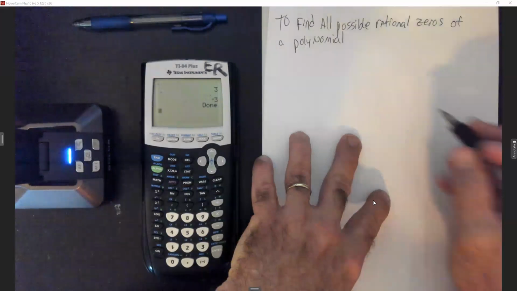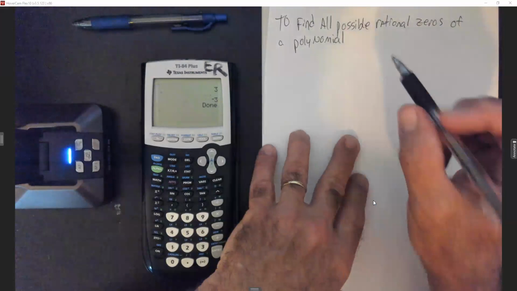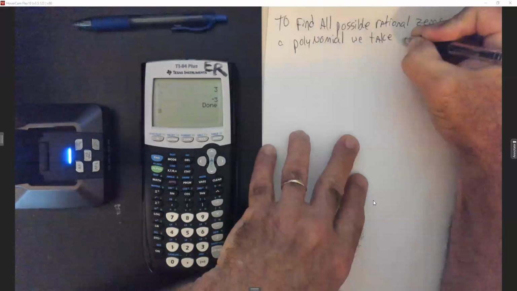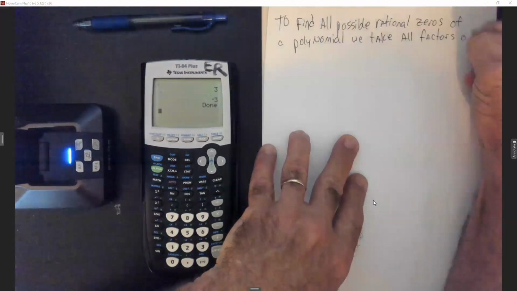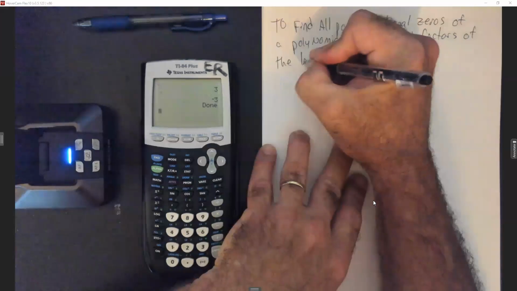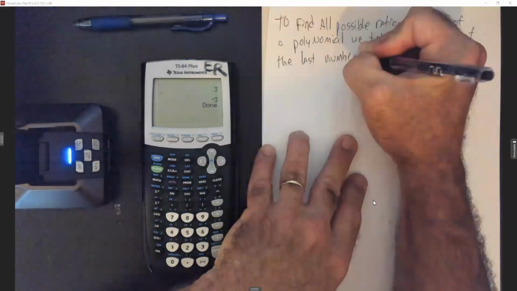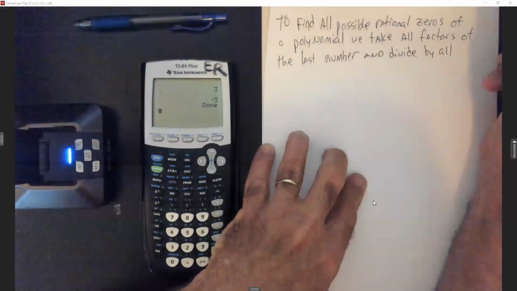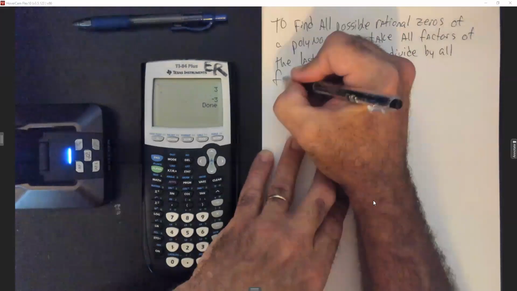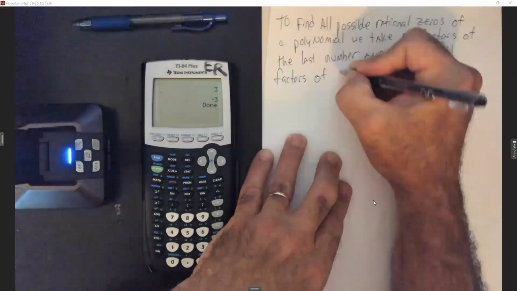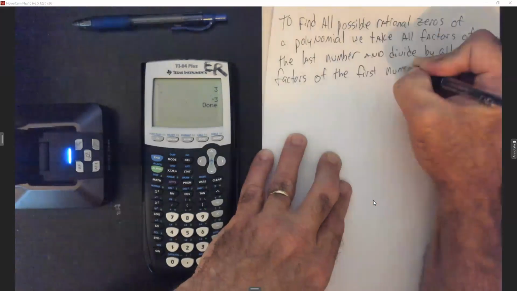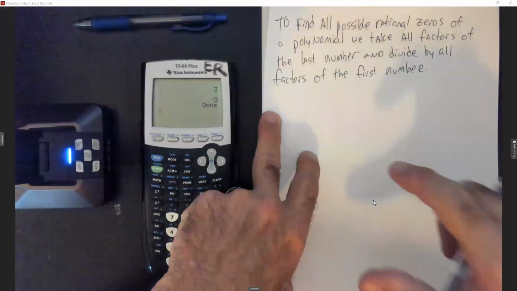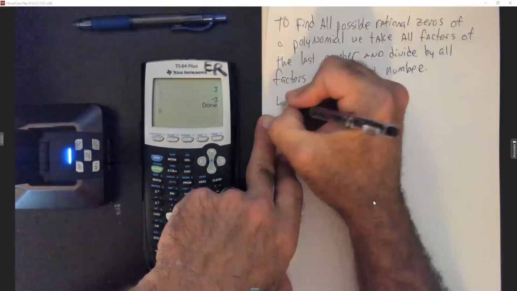So to find all possible rational zeros of a polynomial, we take all factors of the last number and divide by all factors of the first number. All factors of the last number divided by all factors of the first number.